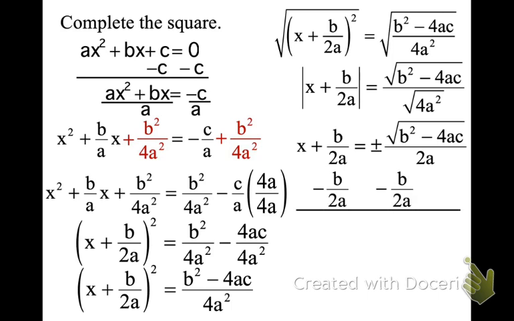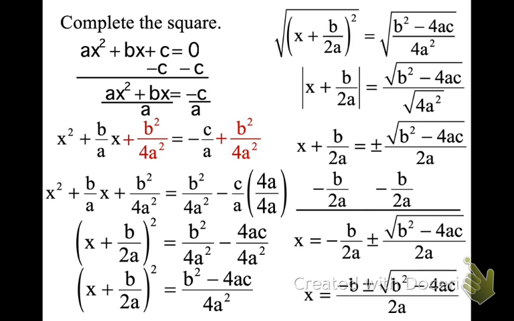And what do we have, my friends? x equals negative b over 2a plus or minus the square root of b squared minus 4ac over 2a. But can't we just write that as x equals negative b plus or minus the square root of b squared minus 4ac all over 2a.